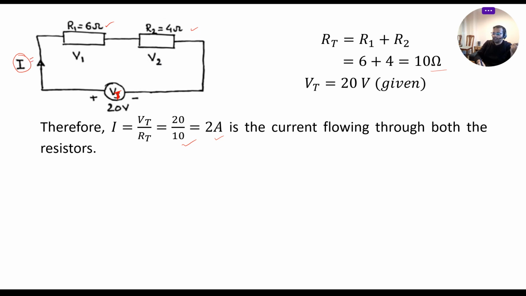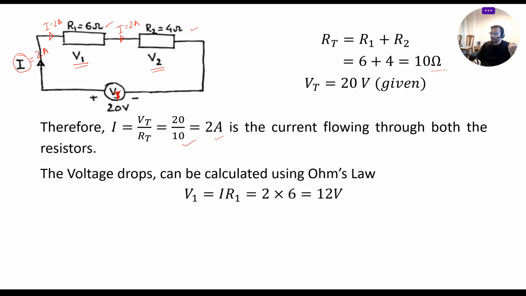So the current flowing in this circuit is 2 amperes, and the same current will flow through both the resistances because they are connected in series, and logically they don't have any other path. Now again, we can use Ohm's law to calculate the voltage drops V1 and V2.